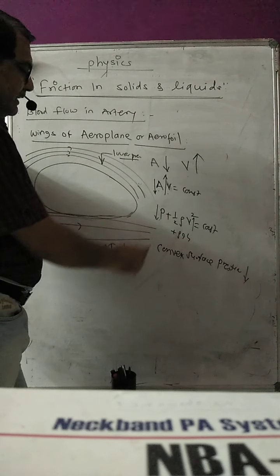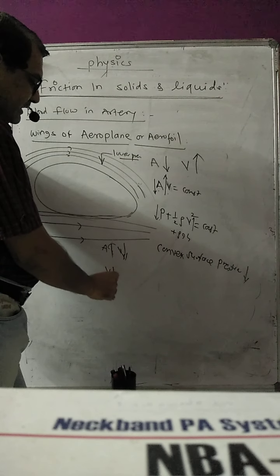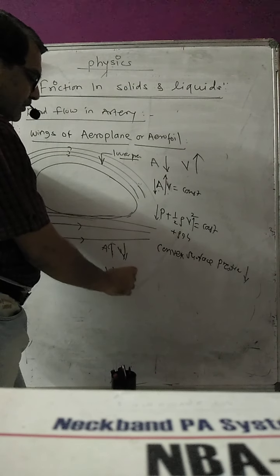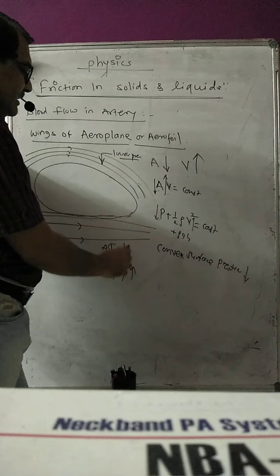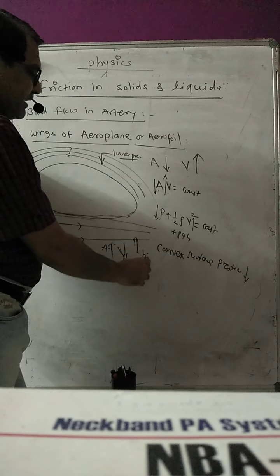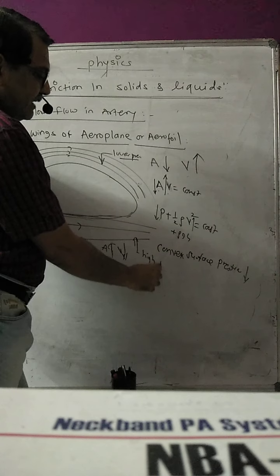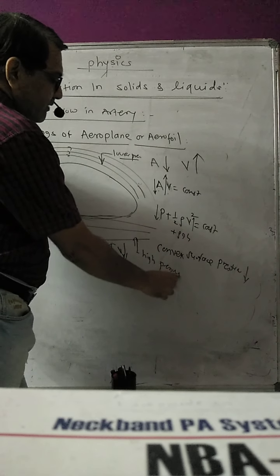As the velocity decreases, the pressure goes on increasing, so there is high pressure below the wing and low pressure above the convex surface.